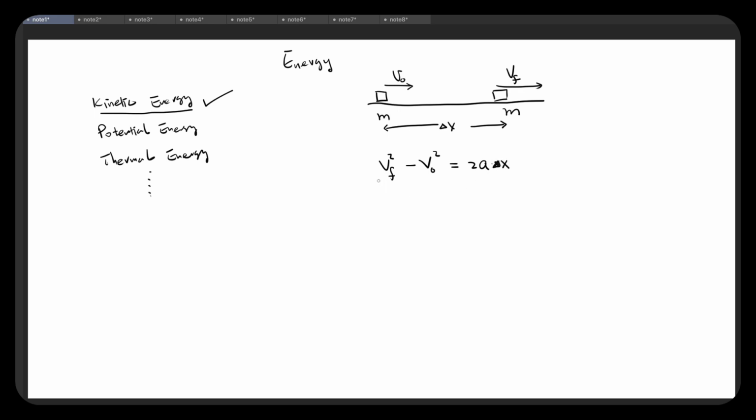Now let's try to rewrite this equation into some form that we can associate with the concept of energies. First, let's multiply m on both sides. Okay, and then let's multiply 1/2 on both sides, and then let's see what we get.